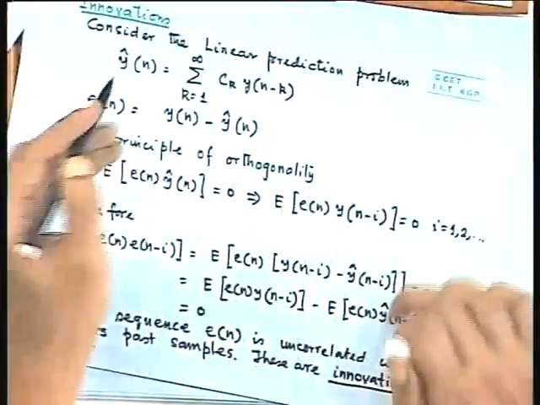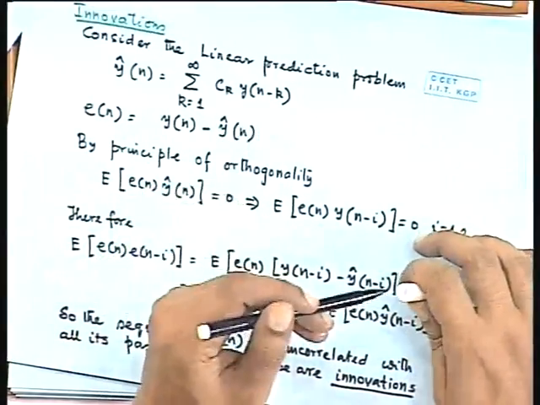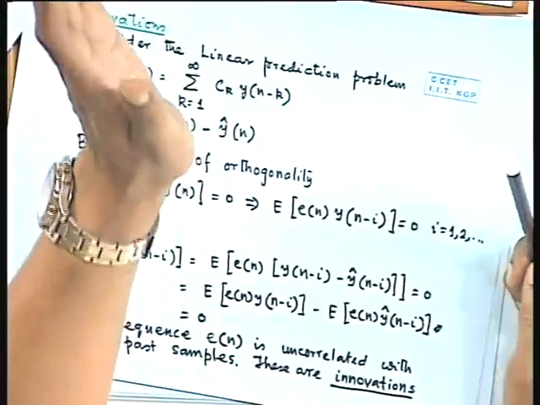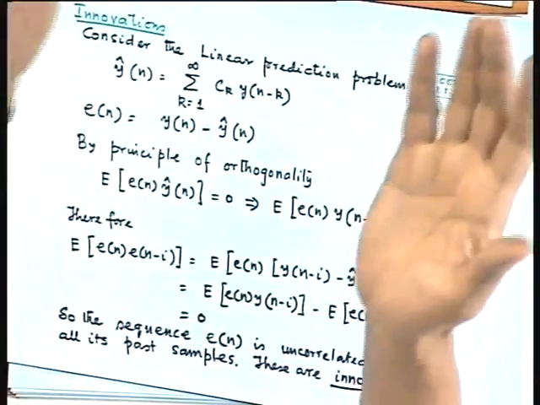Now what does it mean? Let us see it in a particular case. For example, suppose we consider this problem of prediction. What do we want to do here? This is a very standard problem: you are given some data from the infinite past, from 0 to n minus 1, and you want to estimate yn before it occurs.